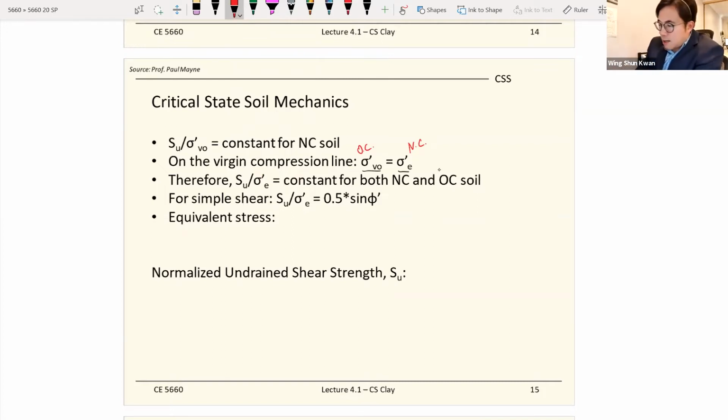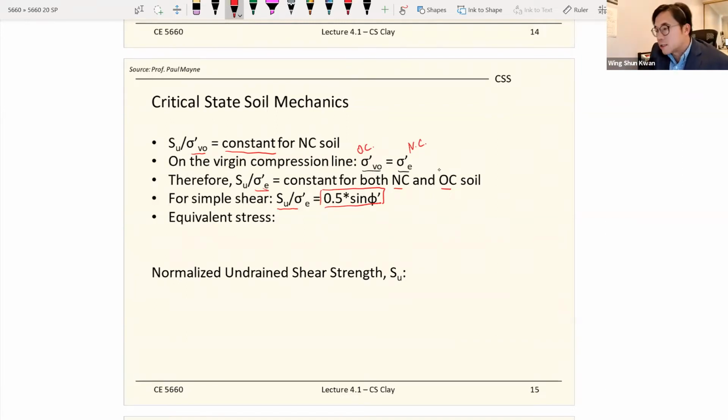if we substitute this initial stress with the equivalent stress, we can find a constant for both NC and OC soil. And for simple shear testing, we keep talking about this being equal to a constant. For simple shear testing, this is the constant that we can find.